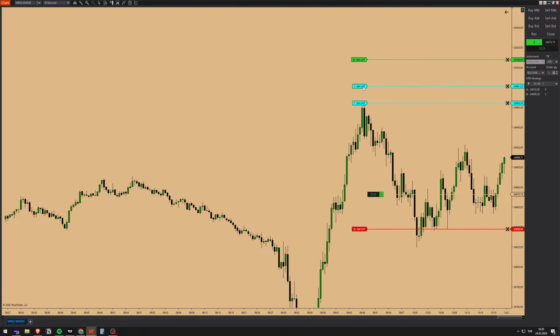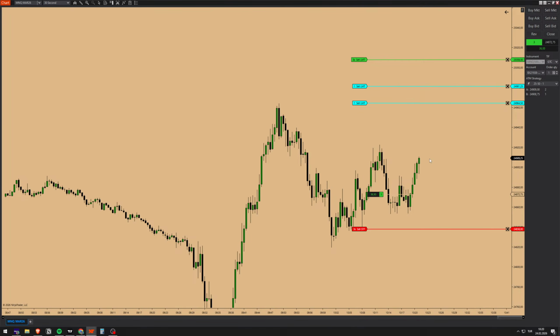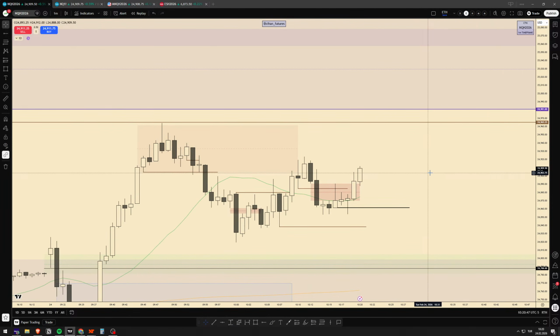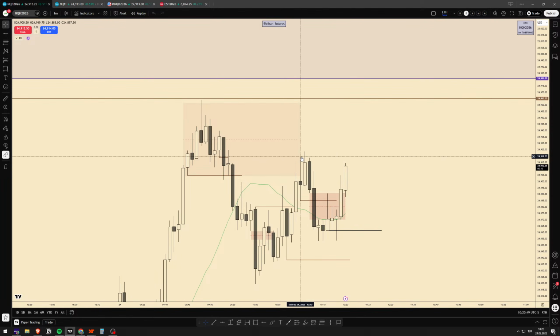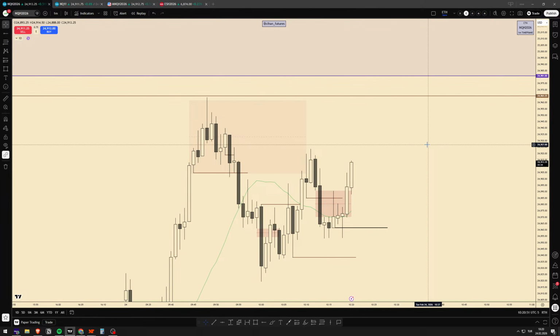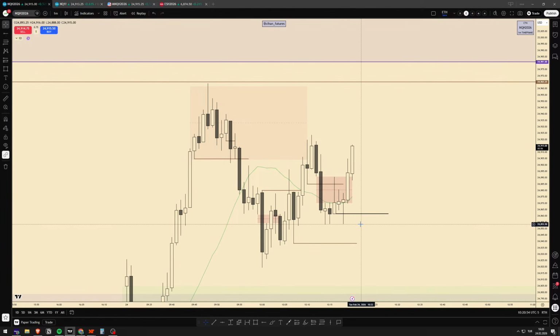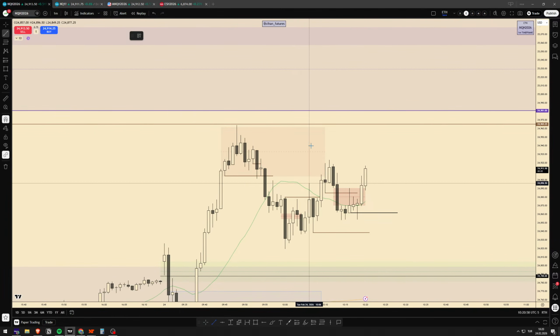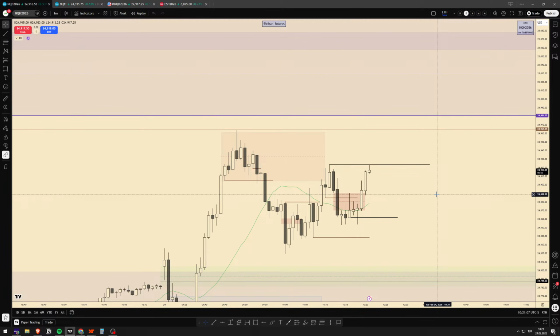Almost. If price closes above this high, I'm trailing my stop loss to this level. After closing above here, I wouldn't want to see price taking out this low. As you can see, I'm simply following this structure.